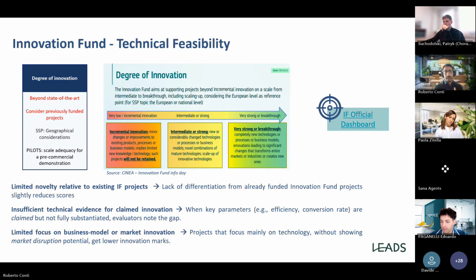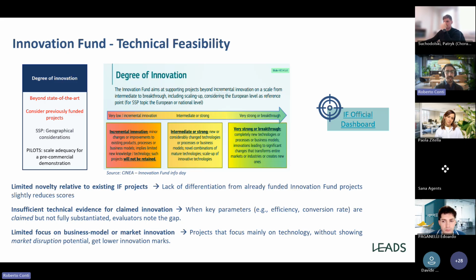Under the degree of innovation criterion, the project must clearly demonstrate how it goes beyond the current status of the state of the art. It's important to note that state of the art doesn't refer to scientific literature.